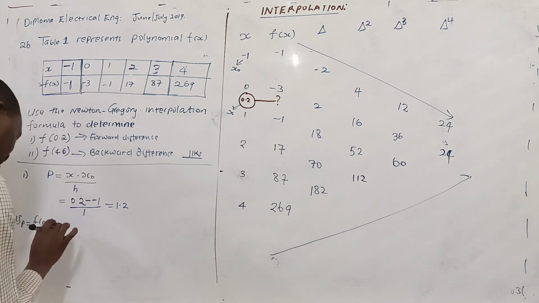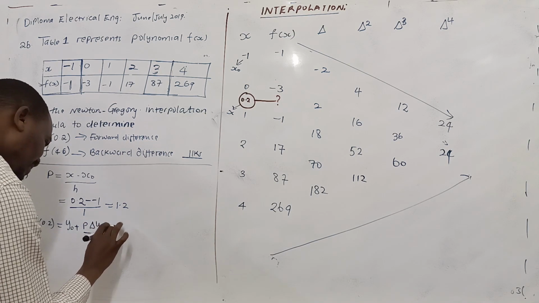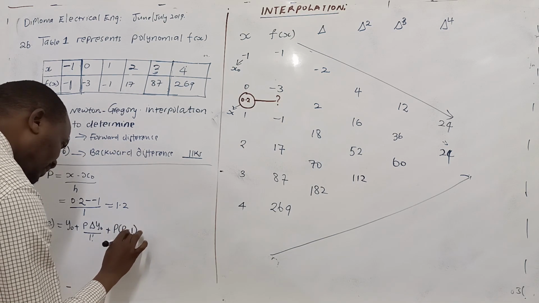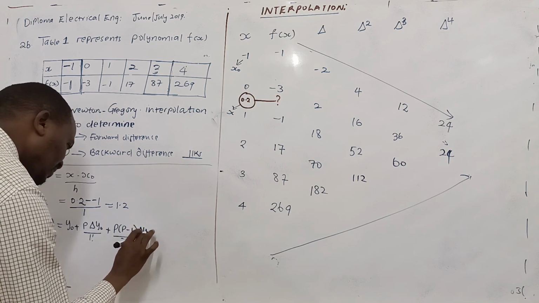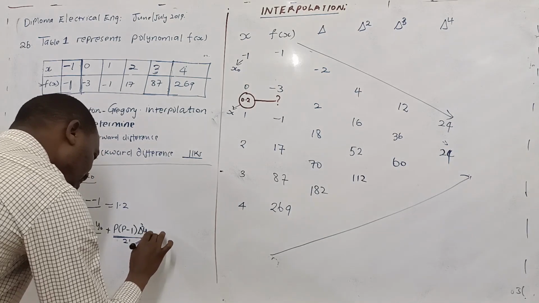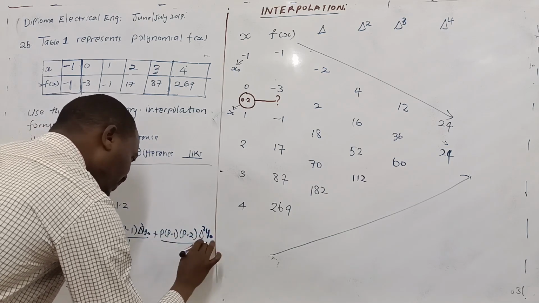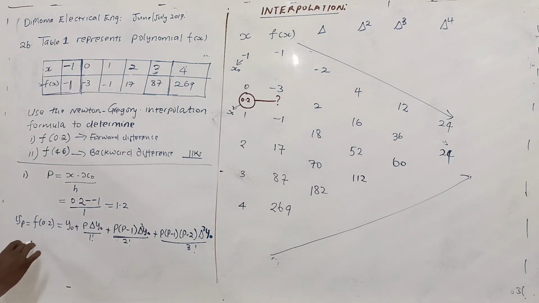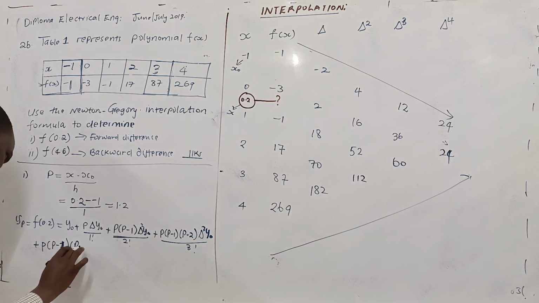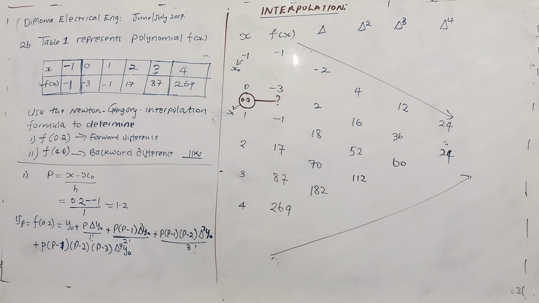Let us take the formula. y naught plus p times the first forward difference of y naught over 1 factorial, plus p times (p minus 1) times the second forward difference of y naught over 2 factorial, plus p(p minus 1)(p minus 2) times the third forward difference of y naught over 3 factorial, plus p(p minus 1)(p minus 2)(p minus 3) times the fourth forward difference of y naught all over 4 factorial. I think I've exhausted my space.